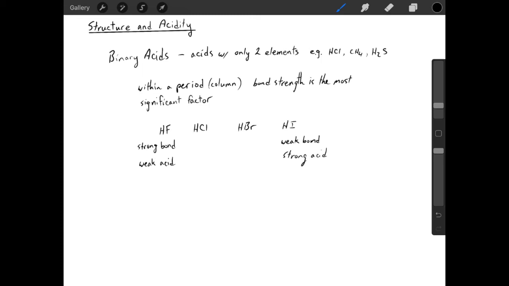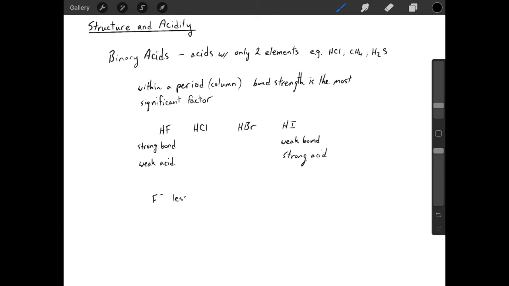So with HF, even though it's extremely polar, it's going to have the strongest bond due to the fluoride ions' very, very small size. And HI is going to have the weakest bond due to the I- ions' very large size. And then within a period for binary acids, you can also consider conjugate base stability. The conjugate bases for the extremes of this column are the F- ion and the I- ion.